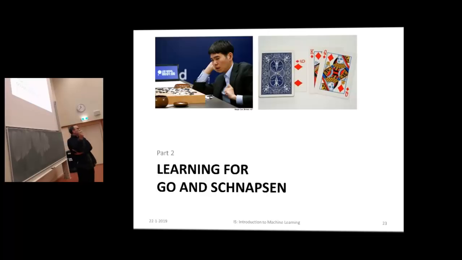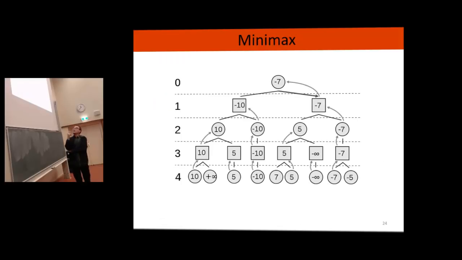It has some different properties, which also means that we need to look at it in a slightly different way. But it's quite interesting to compare the things. And of course, we need to go back to min-max, because that's also the basis of this algorithm.